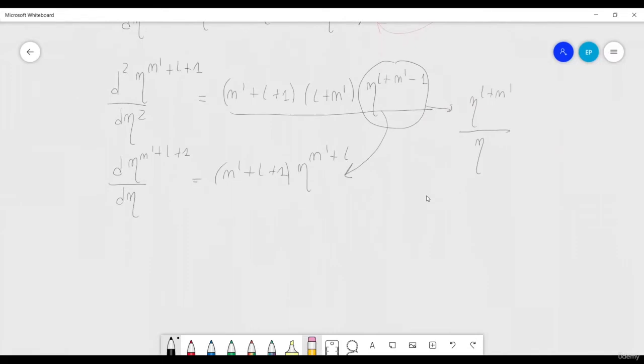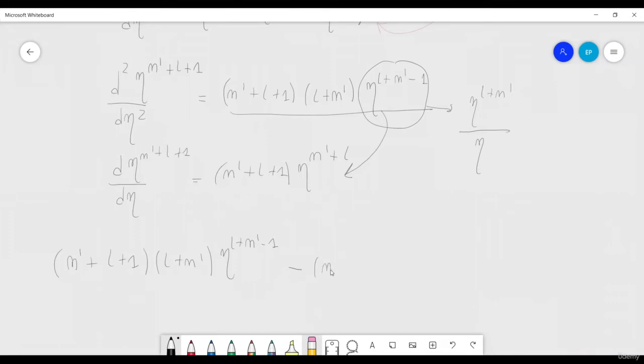But before dropping the term, let me rewrite all the terms. So I have n prime plus L plus 1 times L plus n prime times eta to the power L plus n prime minus 1. And then I have minus the derivative of q with respect to eta, and that will give me minus this term here.